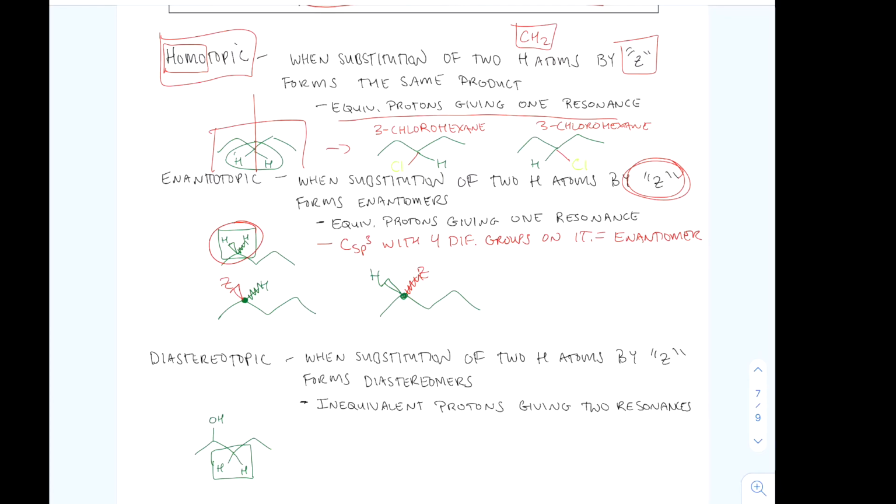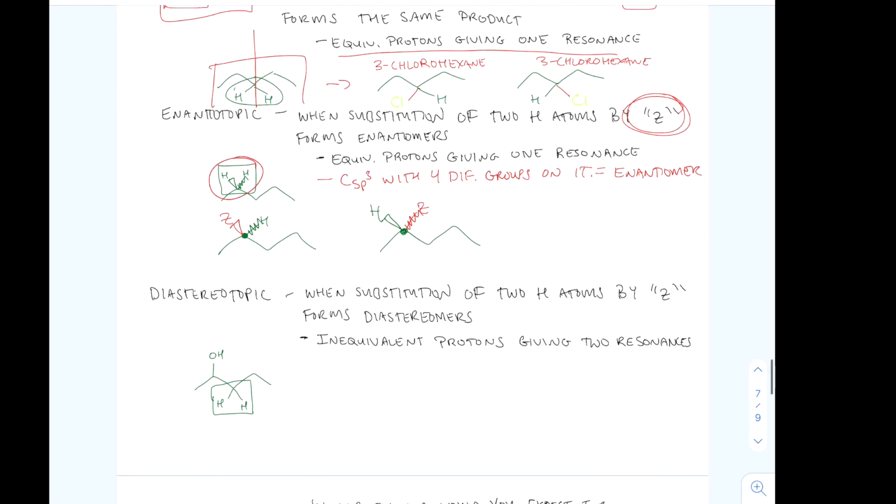Similar to cis and trans isomers, they're projected in the same direction or in a different direction. And so this is the 3-dimensional aspect of organic chemistry that makes it so fun. Now, that's pretty much enantiomers in their basic form. So that's really what you're looking for when we're talking about enantiotopic protons, okay?